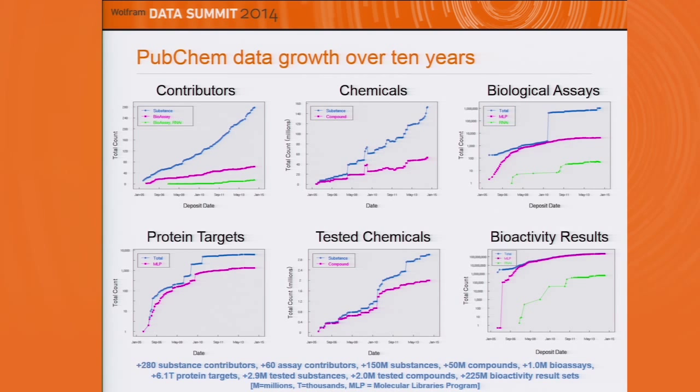And just to give you some idea of what our big data looks like, and I don't really expect you to look at all these different graphs, but just give you some idea of some of the basic data that we have. How has it grown over the course of 10 years? So in terms of people who give us information, PubChem is an archive, and so we depend completely on people to push data into this archive. But as a part of that, we have a very large number of chemical substances that are being stored in there.